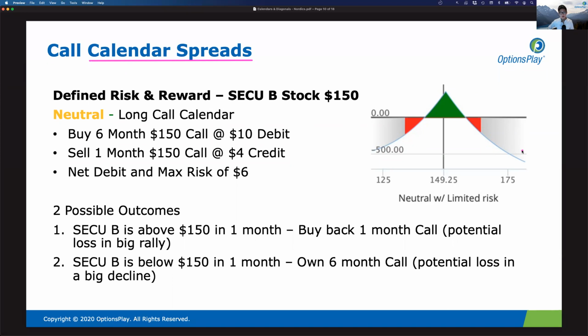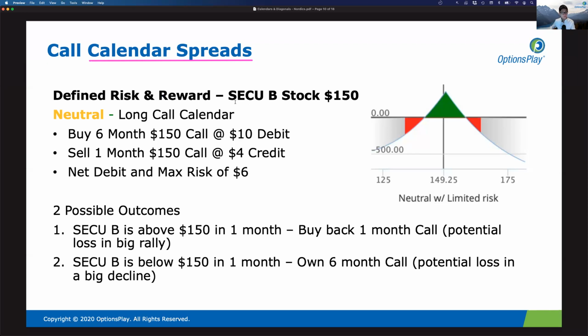Unlike a short straddle, where you have to post margin in order to hold on to that short straddle, when you trade a calendar spread, you just have to pay the debit to get into the trade. That's the most you can lose. Similar to buying a call option, where the most you can lose is the price that you pay for that call option, when you trade a calendar, the most you can lose is the premium that you pay for the calendar.